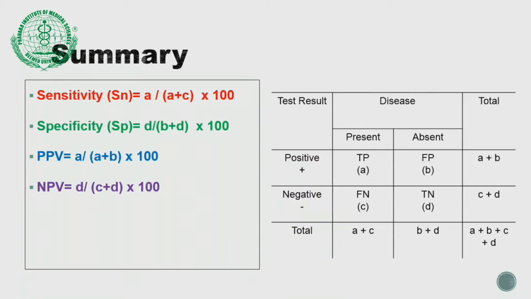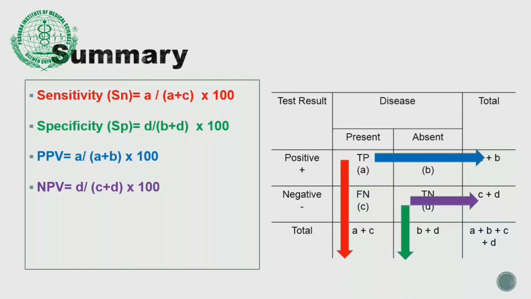So a simple trick to remember the formulas for sensitivity, specificity, positive predictive value and negative predictive value is to draw arrows on the 2 by 2 table.